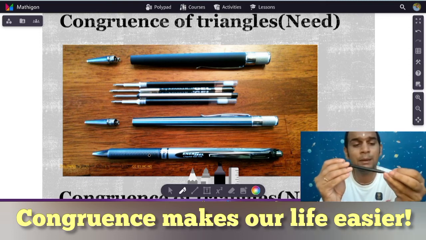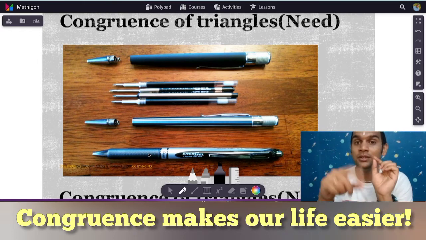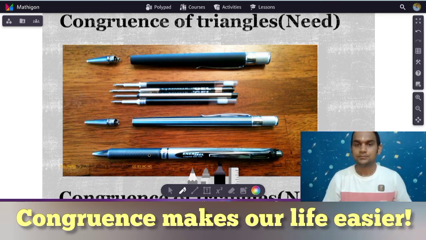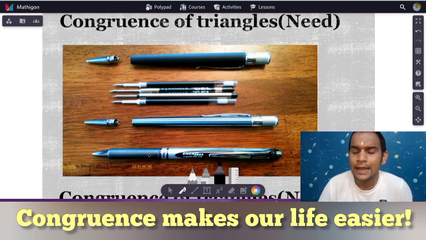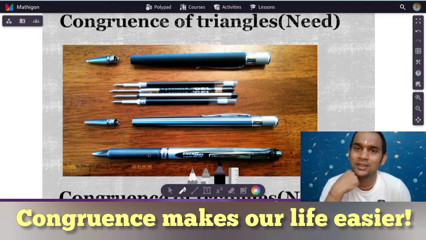Okay, suppose you have a pen which has refills, and that refill gets over, and you have to put a different refill altogether. Now, if you don't get the same size and shape of the refill, will you be able to use that pen once again? No, right?